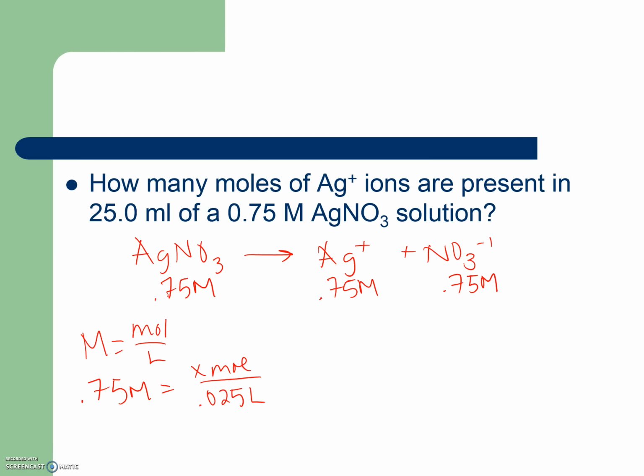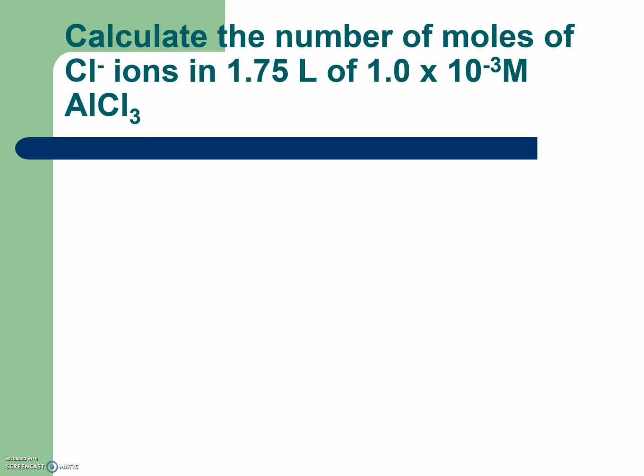So if I multiply those two numbers, I end up with 0.0188 moles of any of them, because they're all 0.75. So in this case, I can say it's 0.0188 moles of Ag+. Let's take a look at one more.